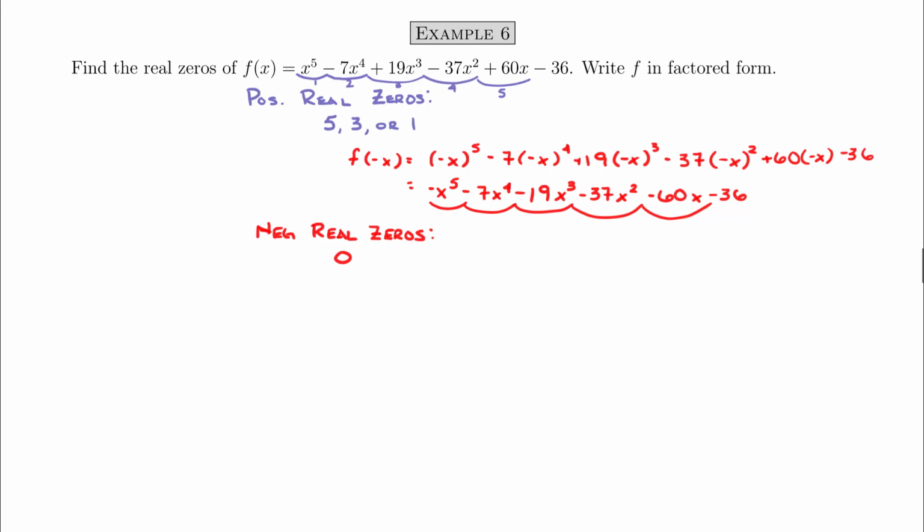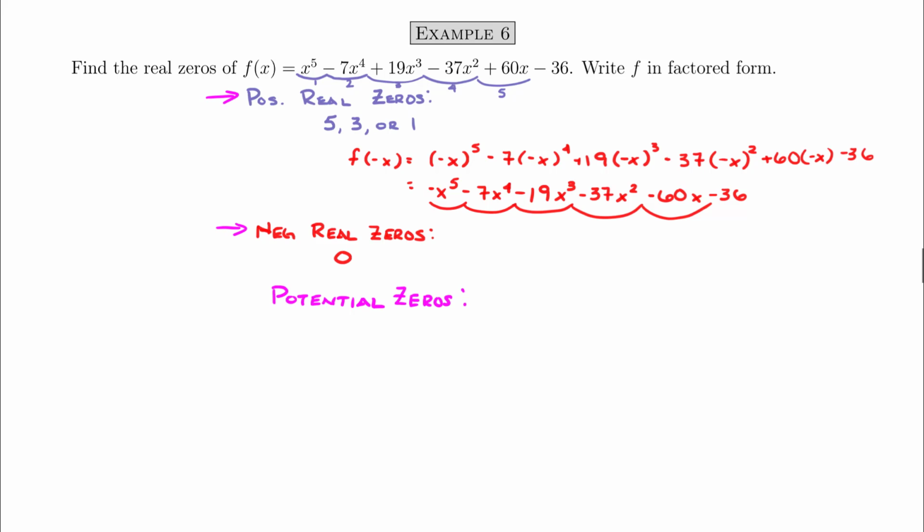Also, based off Descartes' rule of signs, we know that we only have positive real zeros, so we can ignore all the negative factors of 36. So that simply means all we need to do is list the factors of positive 36 without worrying about any of the negative values, because by Descartes' rule of signs, we only have positive real zeros.